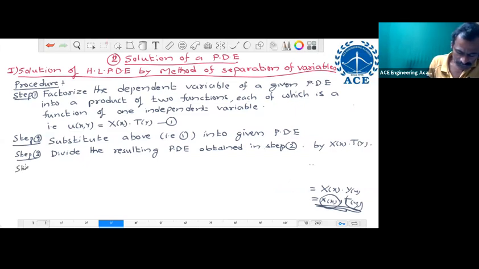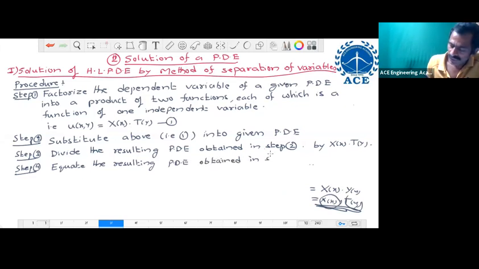Next, step number 4: Equate the resulting partial differential equation obtained in step number 3 to a constant k, and separate the ordinary differential equations.